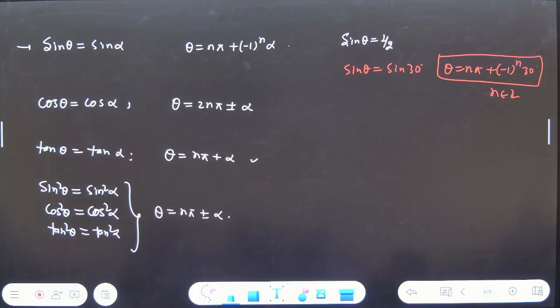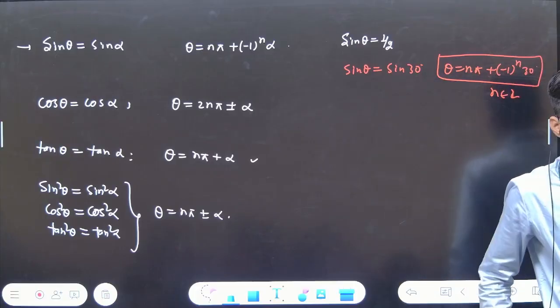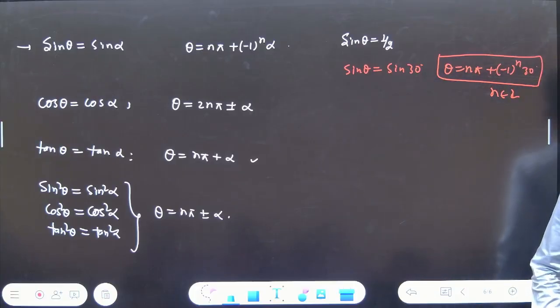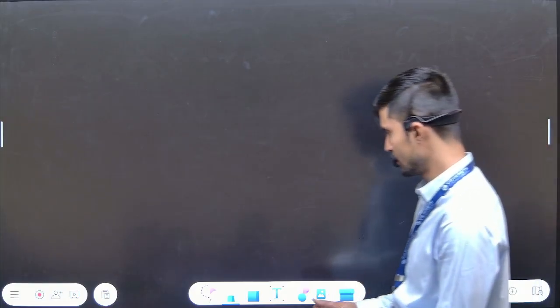For solving any trigonometric equation, 3 understandings are required.